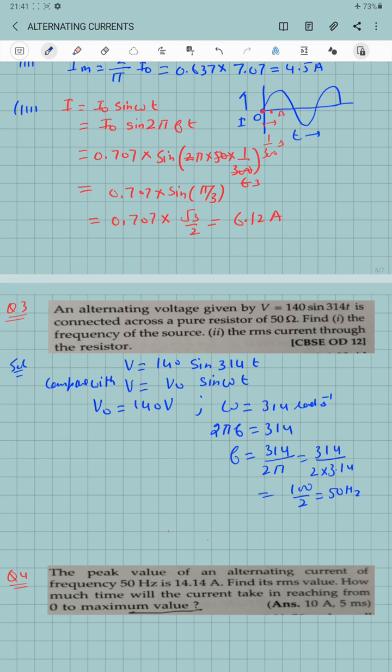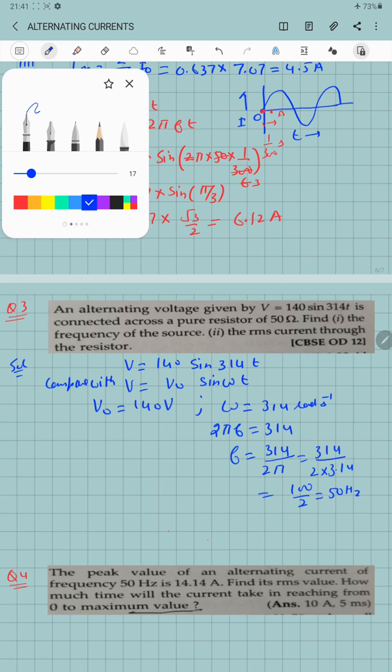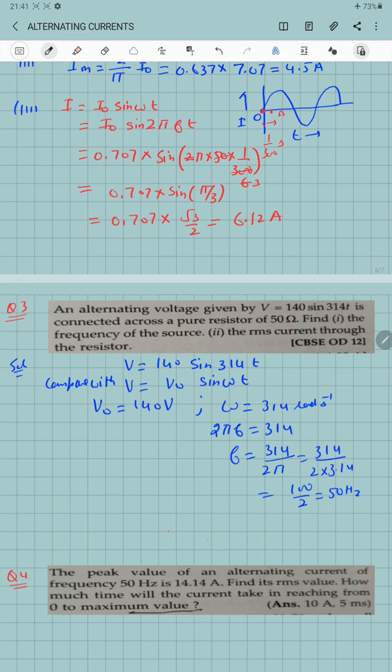Now we want to find the RMS current through the resistor. We know that the relation between RMS value of voltage and its peak value is V_RMS is equal to V naught over root 2, which is equal to 0.707 into 140, which on multiplication gives us 98.98 volt.